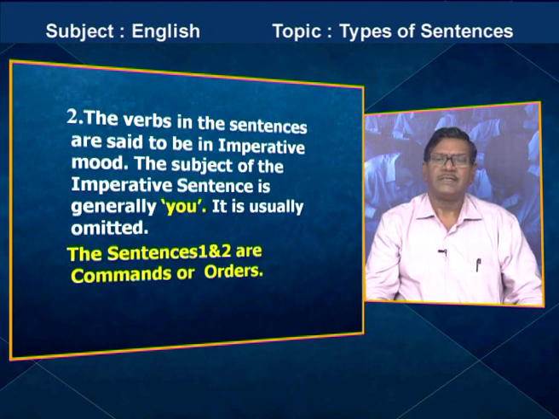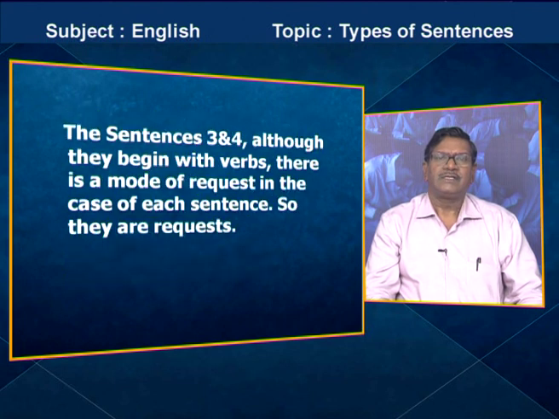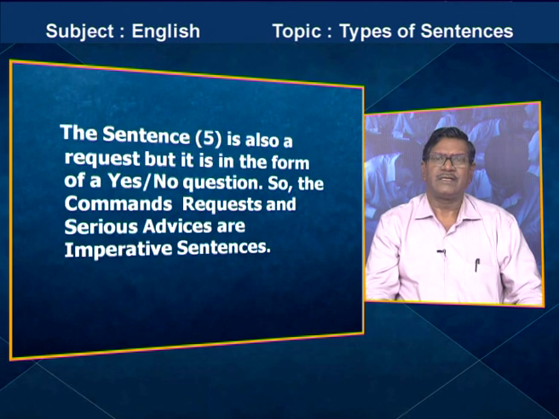In these commands or requests, the subject is omitted and it is generally you. Sentences 3 and 4, although they begin with verbs, are in the mode of request, and so they are requests. Sentence 5 is also a request, but it is in the form of a yes or no question.